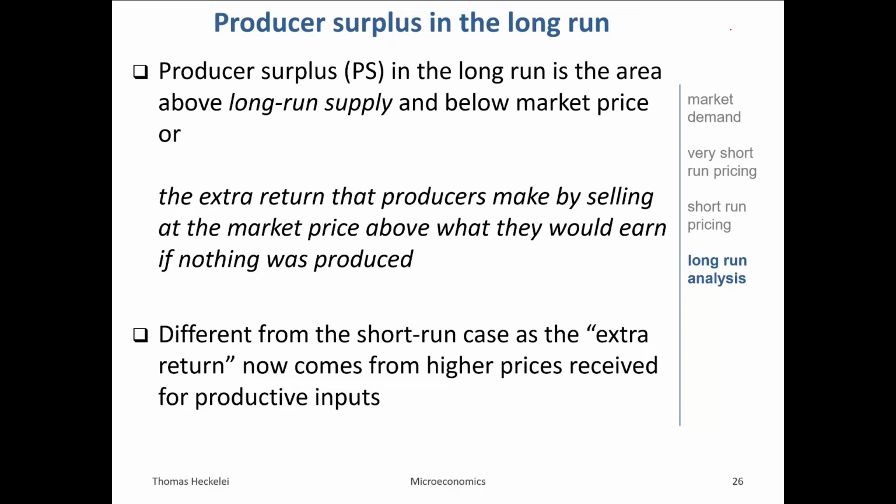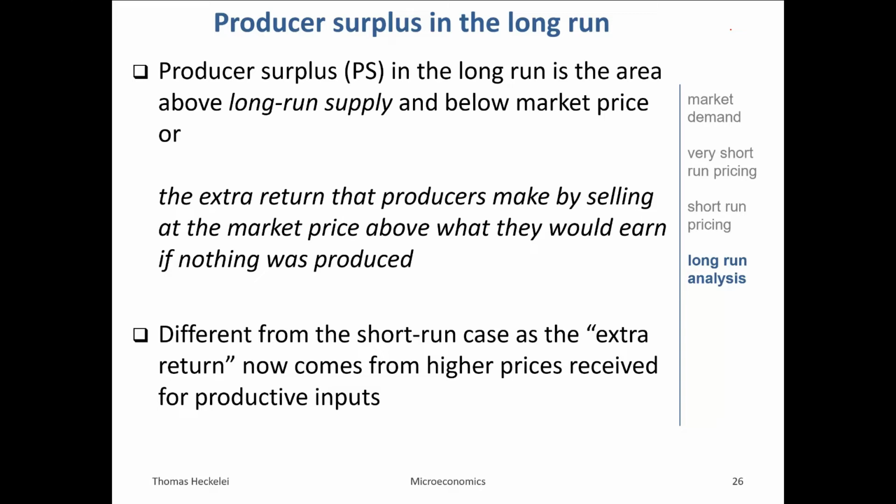Now we're not talking about those producers of the output of the industry, those who can manage to make profit or to sell at a price higher than their short-run average variable cost. We're not talking about the producers of the industry themselves, but the surplus is for whoever owns the productive inputs. So those are the ones who gain some surplus now.